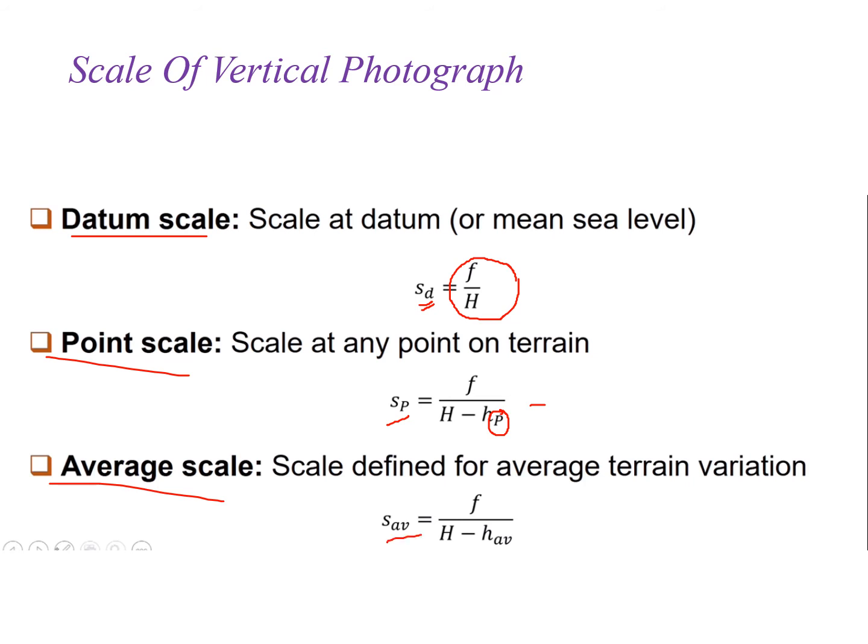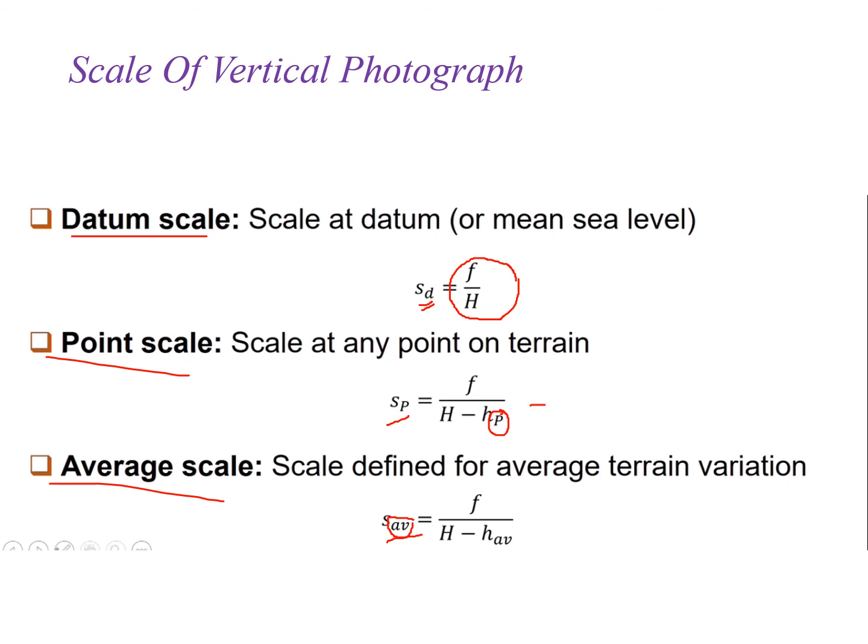Average scale means that even though there is a difference in the elevation of different points, if you want to show any photographs, we express them in one uniform scale, and that uniform scale we call the average.